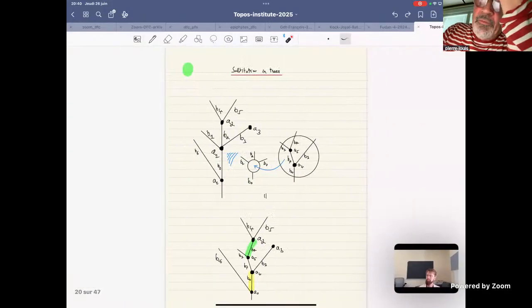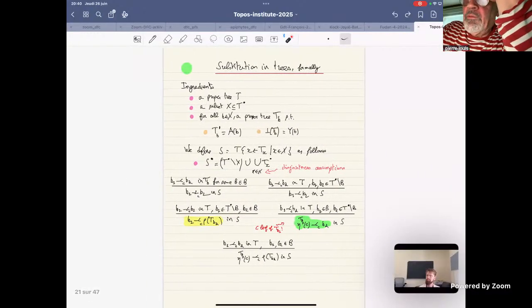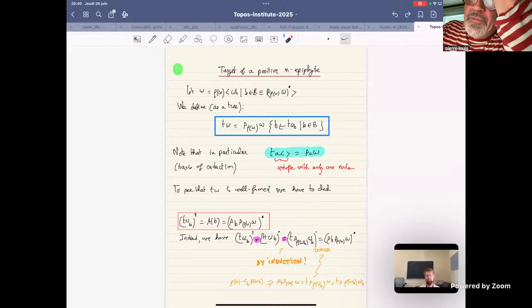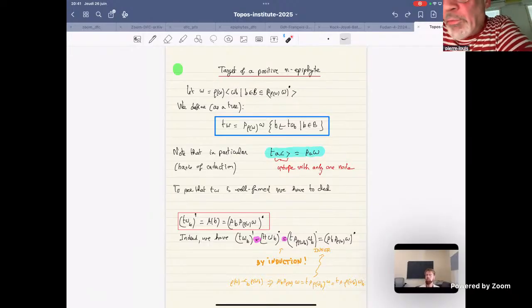So we have this recursive formula, which, for those who know about the work of Kock and others, is exactly what happens in their work, translated in syntactic terms. So the target of omega, if omega is written recursively as its root and then a number of sub-opetopes omega B, how do you obtain the target?